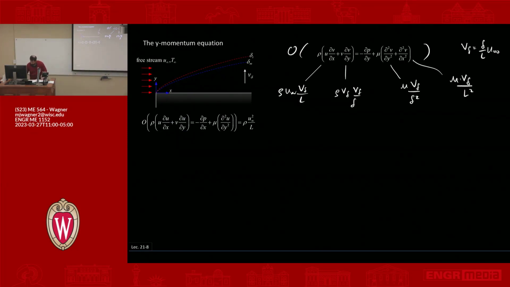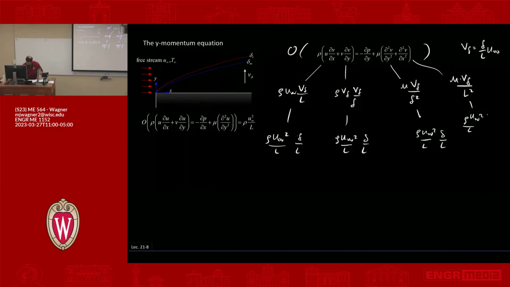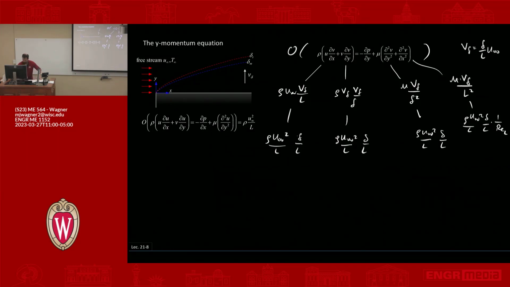So if I do that, we get here rho u infinity squared over L times delta over L. Here would be rho u infinity squared over L times delta over L. Skipping the pressure term for now, again, we'd get rho u infinity squared over L times delta over L. And last here would be rho u infinity squared over L, delta over L, times 1 over Reynolds number sub L.